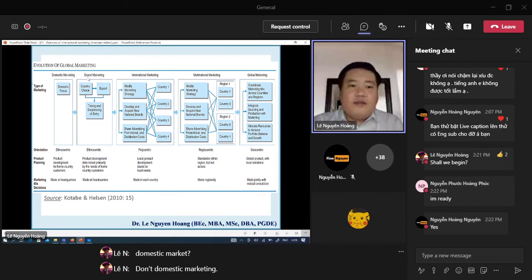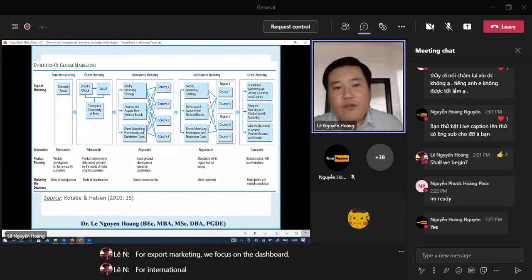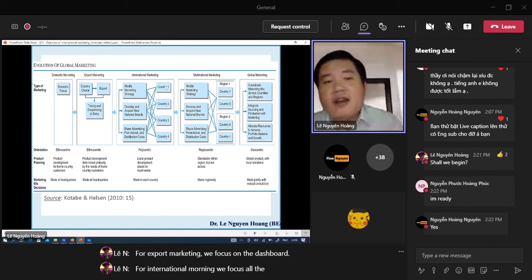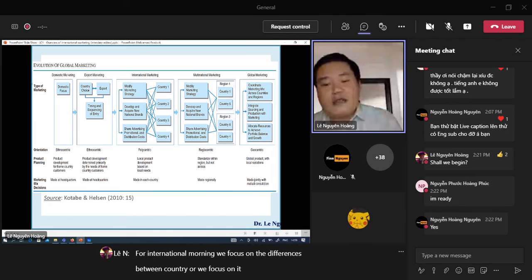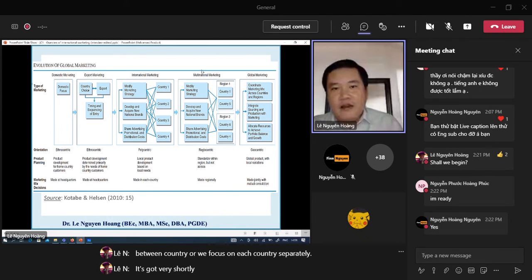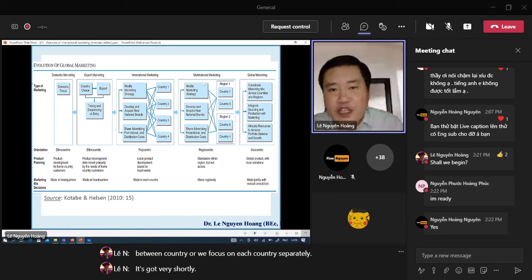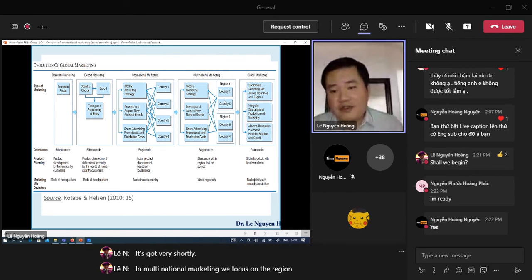For export marketing, we focus on the export. For international marketing, we focus on the differences between countries, or we focus on each country separately. In multinational marketing, we focus on the region instead of a country.